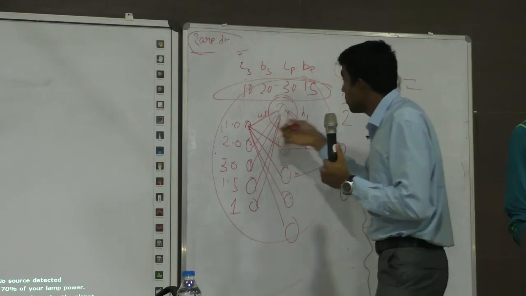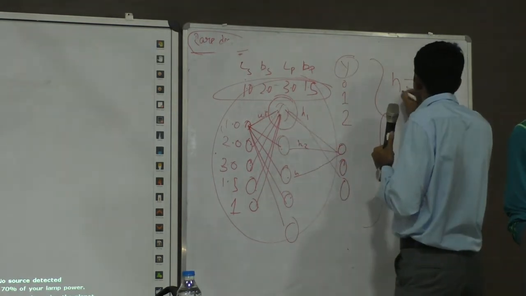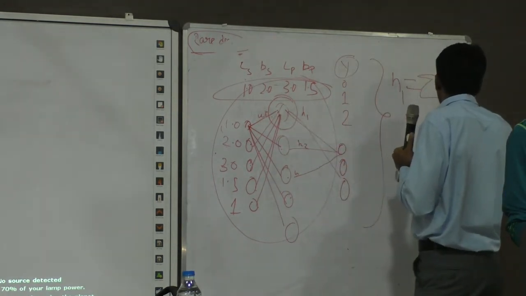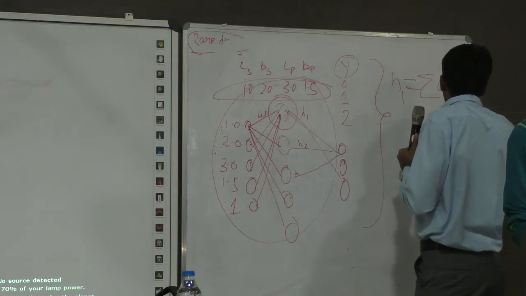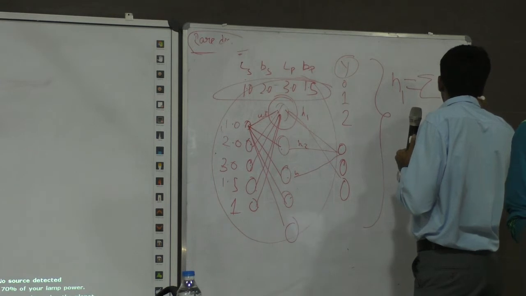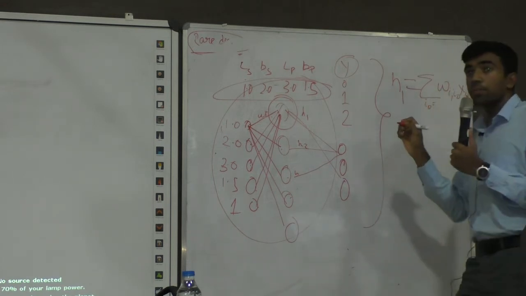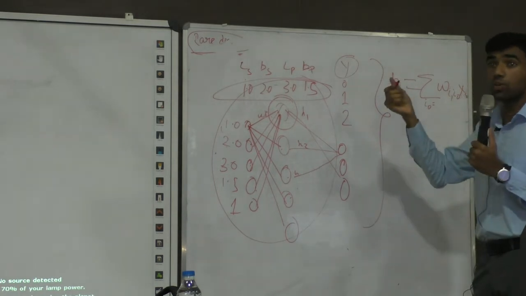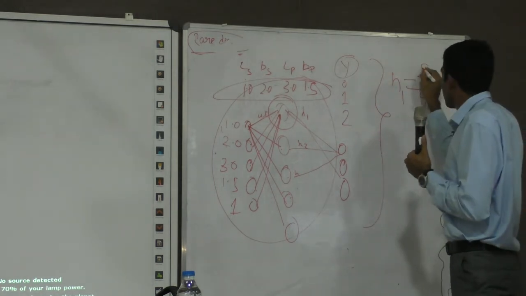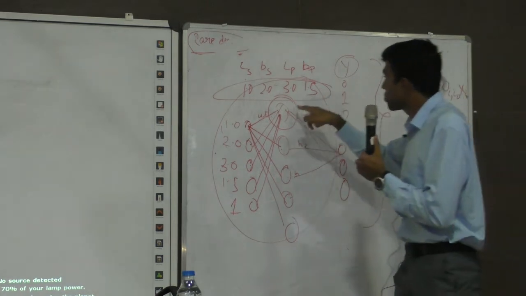So H1 will be the summation of W_I1,I0 into X_I0, where I0 varies from 1 to 5. You are getting my point. So H1 will be like that, and I'll get some H1 over here.